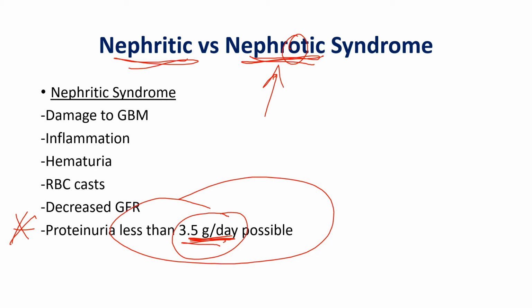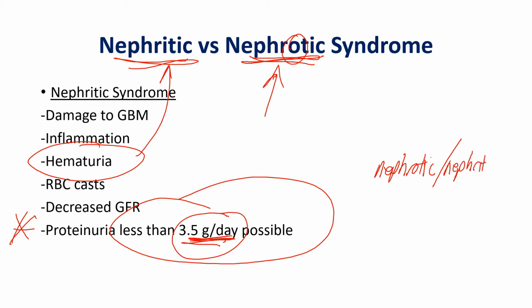Now, you can have situations where you have a protein loss of greater than 3.5 grams per day. So you may automatically think, well, this is a nephrotic syndrome. But then you read the rest of the question stem and the patient has hematuria. Well, that's only in nephritic syndrome. So that is a situation of nephrotic and nephritic syndrome mixed.